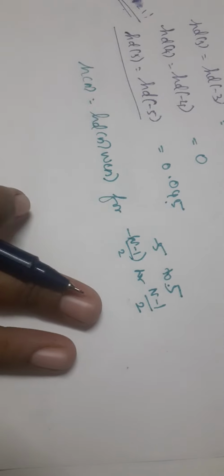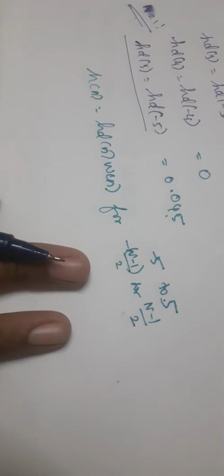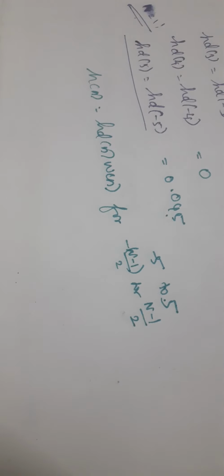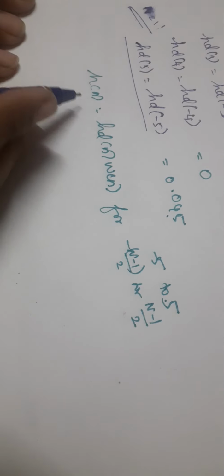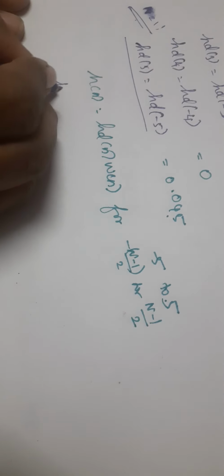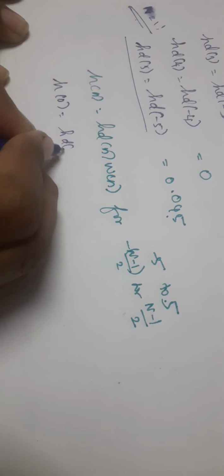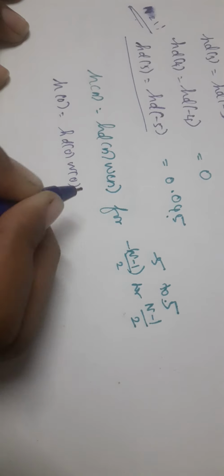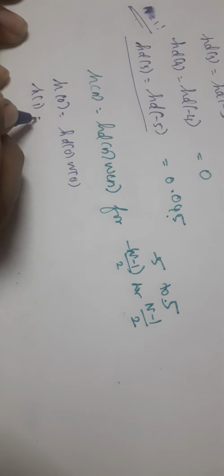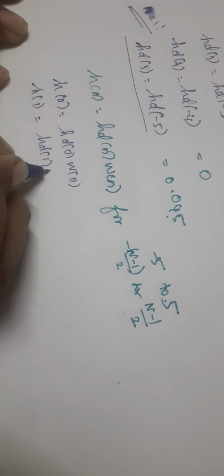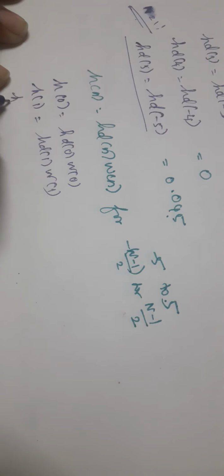Okay, so while solving this, you have h of 1 or h of 0. H of 0 is equal to hd of 0 into omega of 0, and h of 1 is equal to hd of 1 into w of 1, and h of 2 is equal to hd of 2 into w of 2.